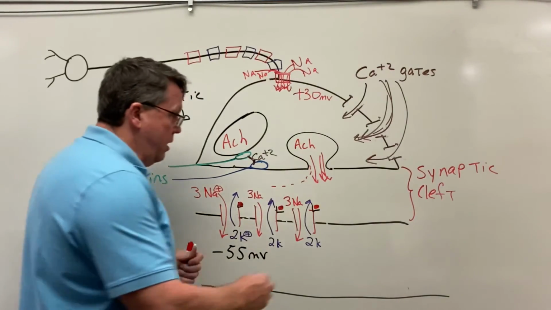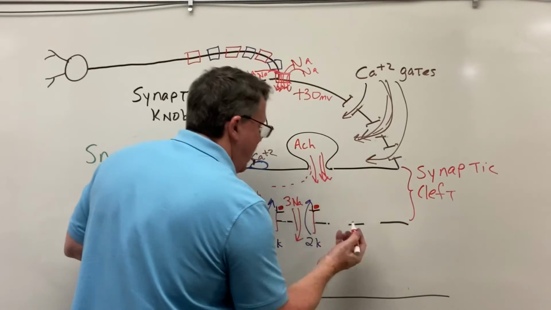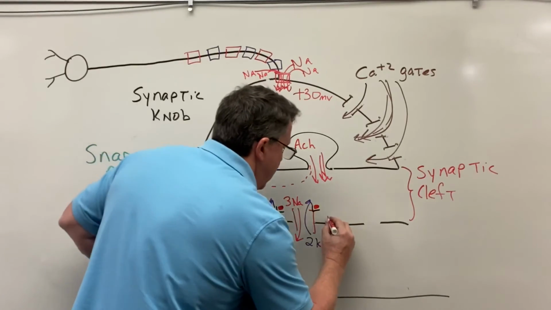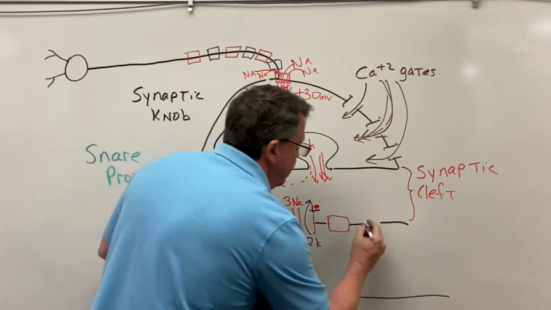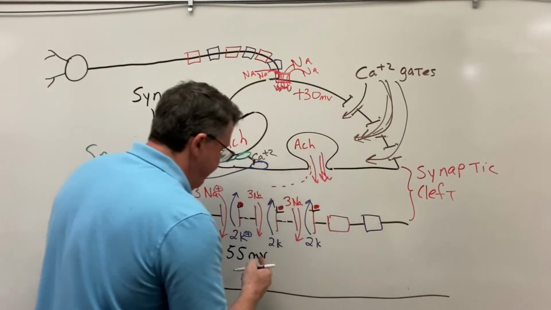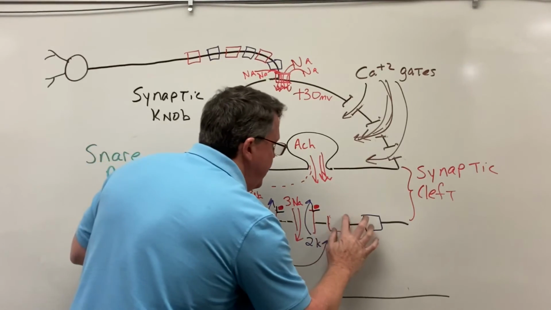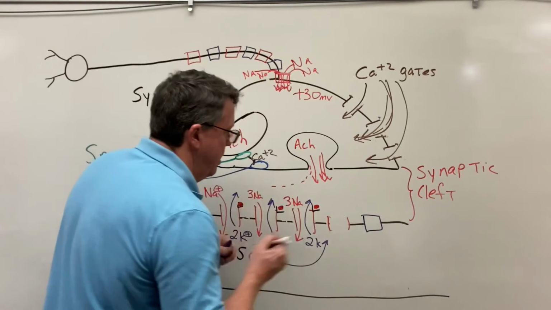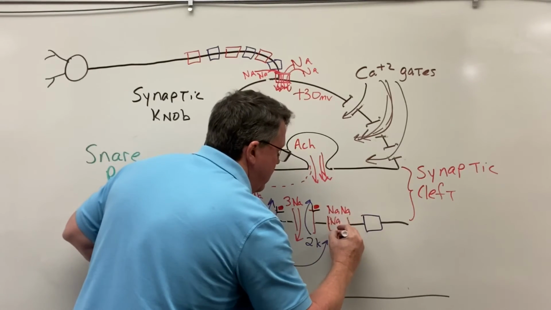Oh, and look, here's my sodium potassium gates now. Okay, even though I'm drawing everything the same color, here's my sodium potassium gate. So now we're at negative 55. Now this is going to open up. Sodium is going to start rushing in, right?